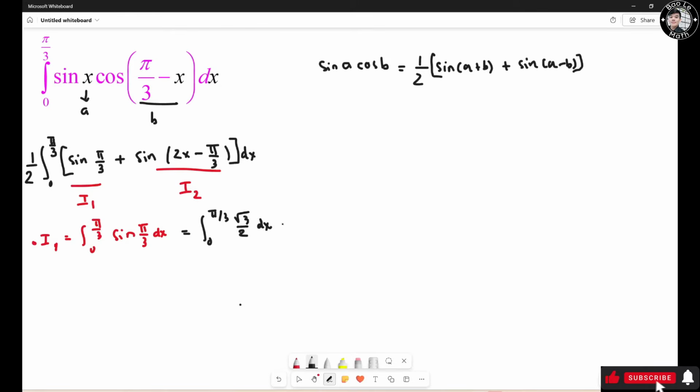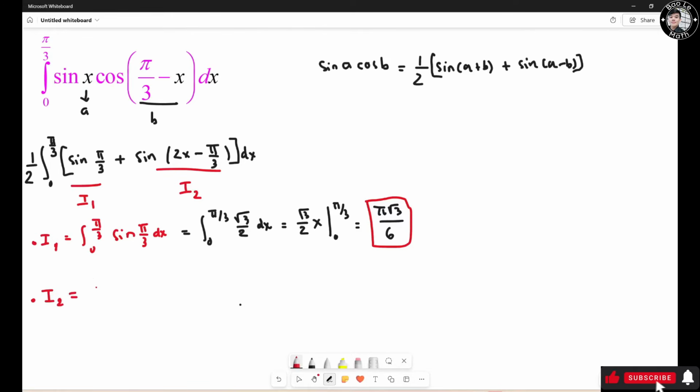It's root 3 over 2 times s evaluated from 0 to pi over 3, so it's pi root 3 over 6. Now go ahead and calculate I2.